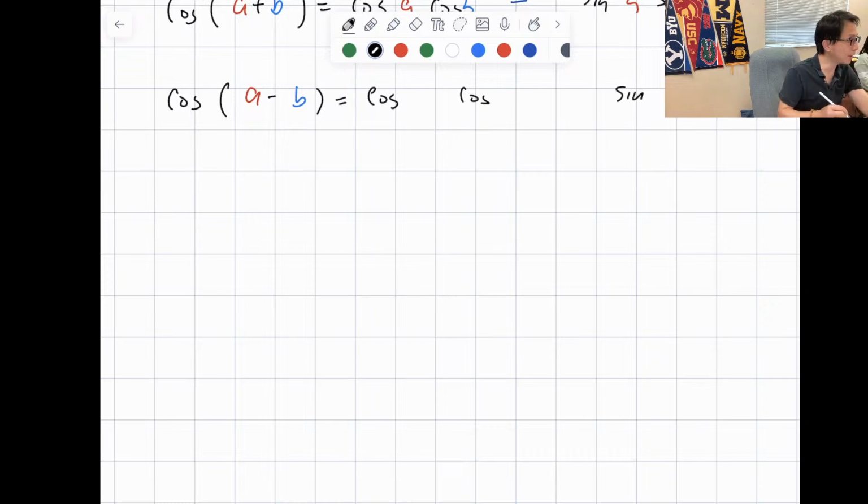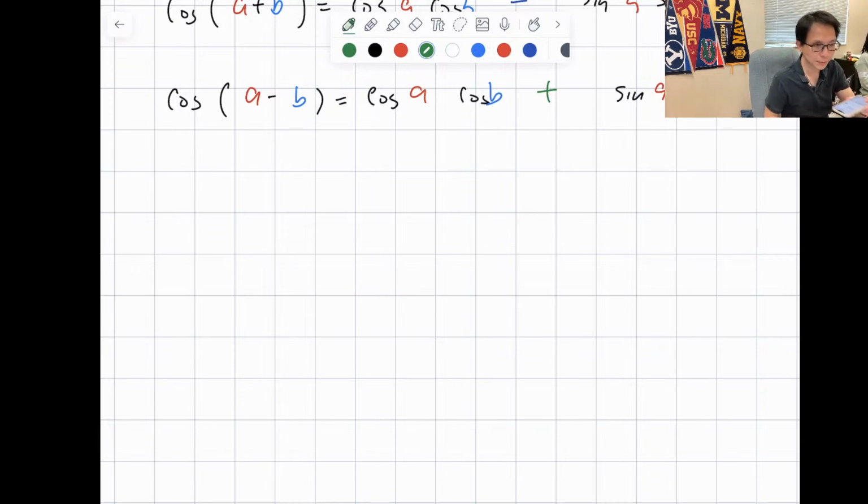The other one is sine, cosine, cosine, sine, because we flipped it also. So A, A, B, B. Now just make sure you remember to change the sign. This one is plus instead of minus, so it's the opposite sign. So that's called sum and difference angle identities.